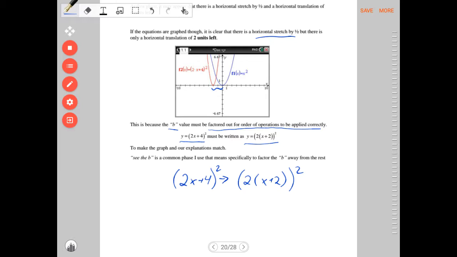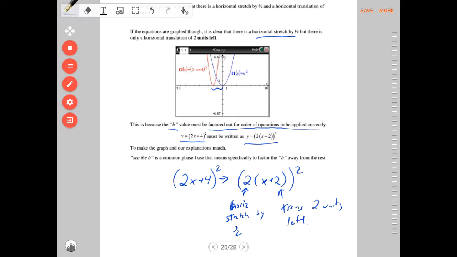Once we factor that b out, now the graph does what we expect it to. So horizontal stretch by 1/2, and then a translation 2 units left.